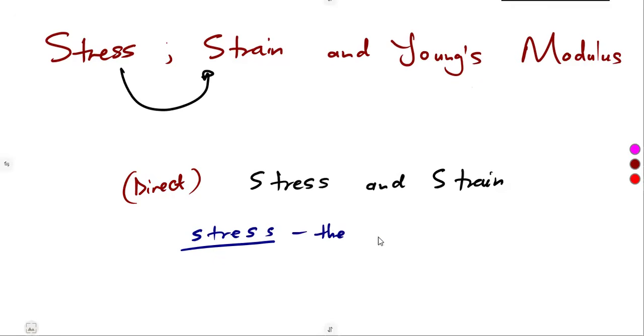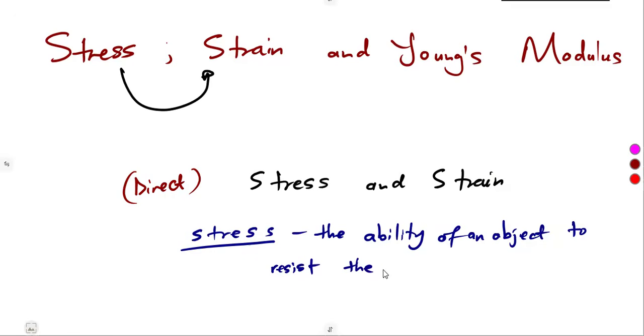So I'm saying this is the ability. So that's the ability of an object to resist. So this object must resist the effects of an external force. So that's the effects of an external force.